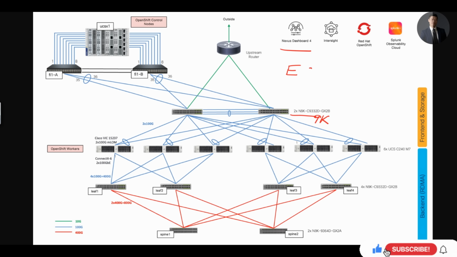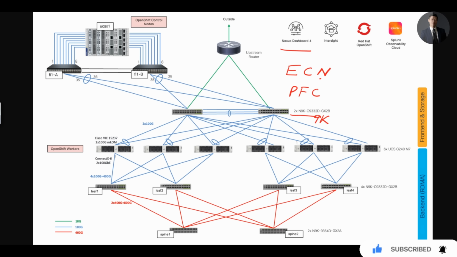What's ECN? ECN stands for explicit congestion notification, combined with priority flow control, PFC. PFC stands for priority flow control.